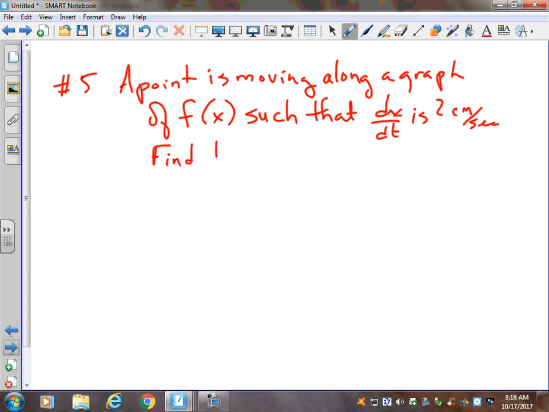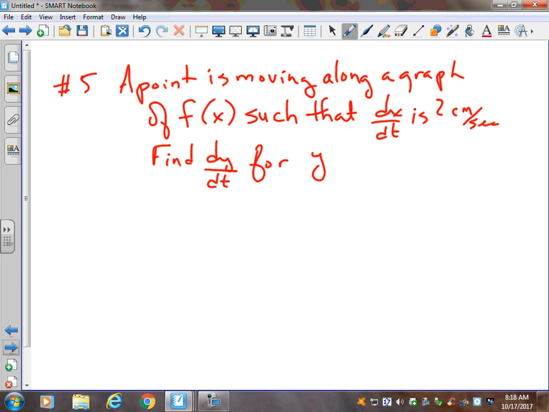Find dy over dt. Now, that's the generic information they give you, and then they give you some other information to work with for part A, part B, or part C. But that's the generic information. They also might have thrown the formula in there somewhere. So let me write the formula.